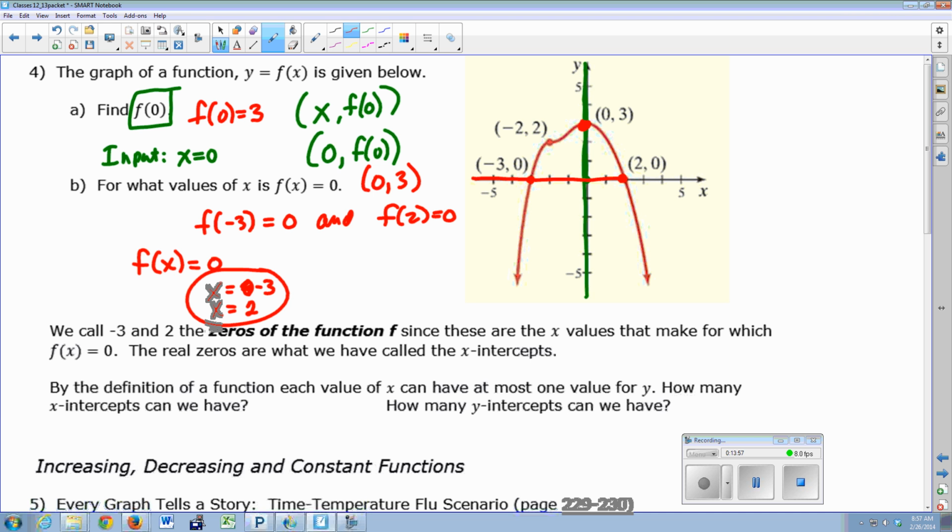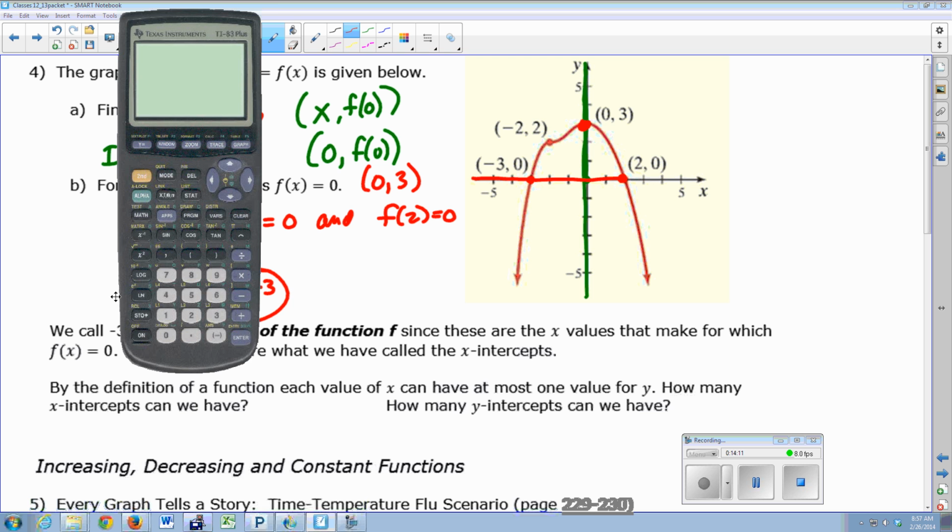So remember when we were doing our section 1.1 and we were working with our calculators and we were trying to see where our function hit the x-axis, and we went to our second calc. Notice what we used here. Let me clear all this out. Second quit, clear everything. When we went up here to second calc, they didn't say x-intercept. I mentioned it then.